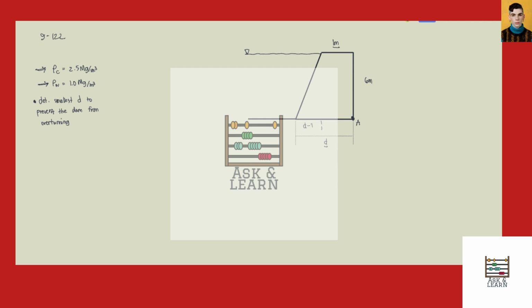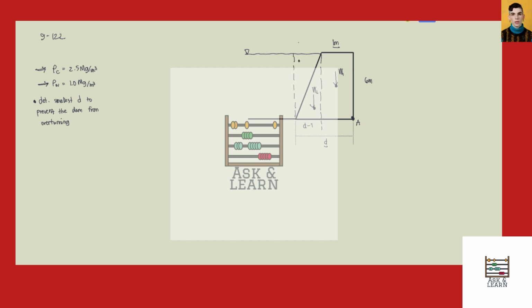So first, let's divide the cross-section of the trapezoid into two parts. So we have the rectangle and the triangle, and we have the weight of the rectangle, let's call it weight 1, and the weight of the triangular part as weight 2. And we also have the weight of the water acting on it.